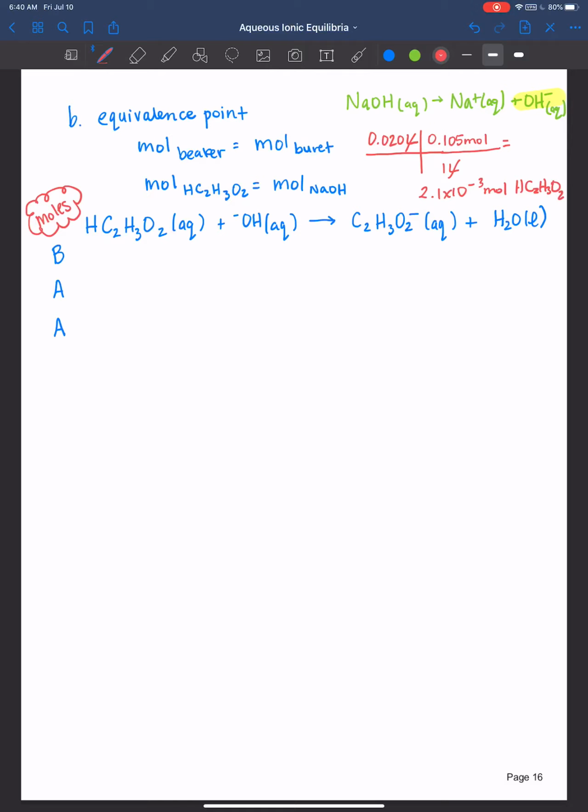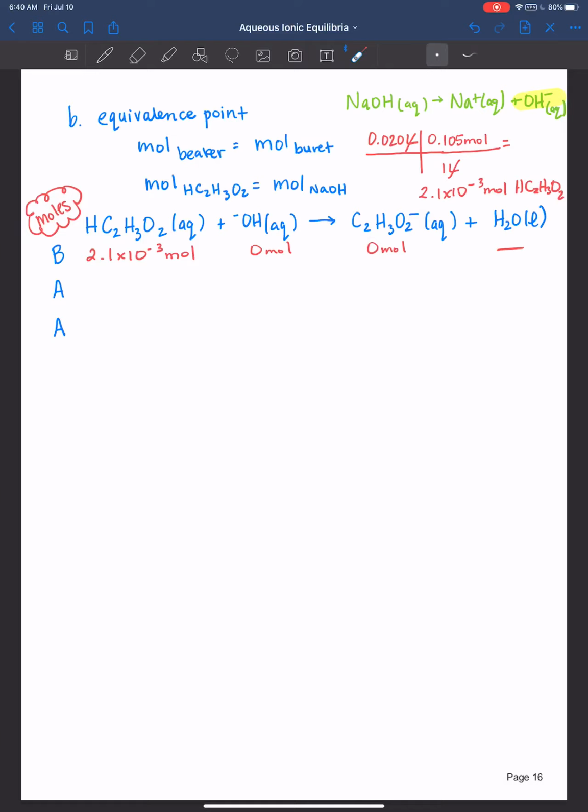So before addition, I have 2.1 times 10 to the negative third moles of acetic acid in my beaker. I haven't added any hydroxide yet. Haven't produced any of the acetate, and we exclude water. All right, so the purpose of the equivalence point is for the moles of whatever's in my burette to equal the moles of what's in my beaker, the acetic acid.